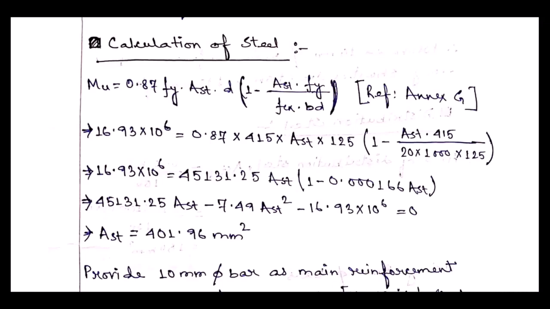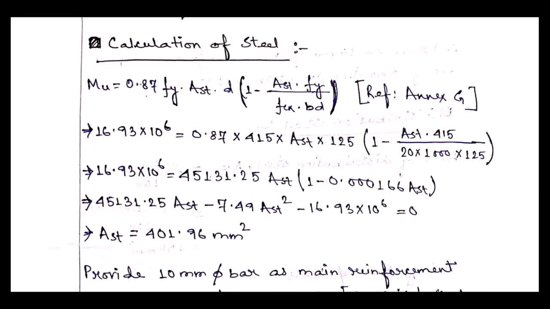As you see here, all the values have been put here, like Mu is 16.93 into 10 to the power 6 is equal to 0.87 into Fy is 415 into Ast into d, effective depth is 125, within bracket 1 minus Ast into Fy, that is 415 by fck, that is 20 into 1000 into 125.